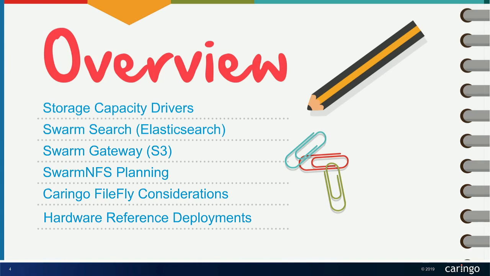Sizing your Swarm gateway farms for access into storage, including some considerations around the API protocol personalities such as S3. Planning capacity for deploying Swarm NFS, the same for Caringo File Fly, and then we'll also show you some top-level hardware reference deployments that we make available that are part of our new software appliance offerings that we're going to be bringing to market.